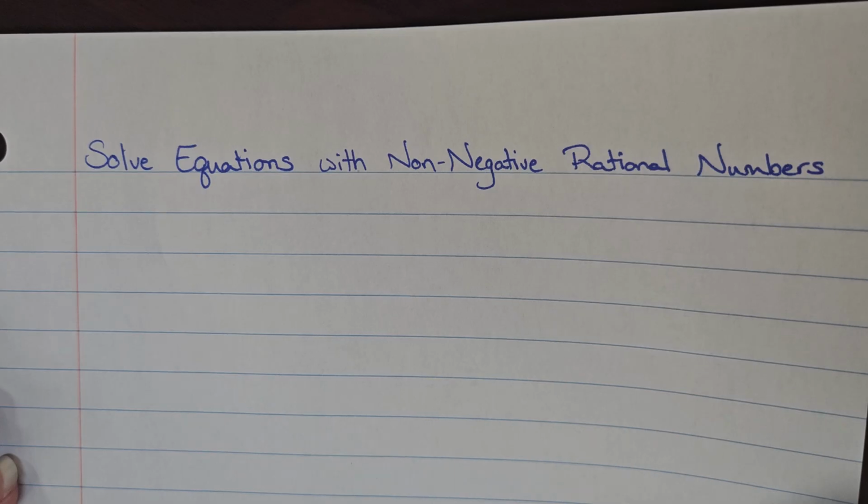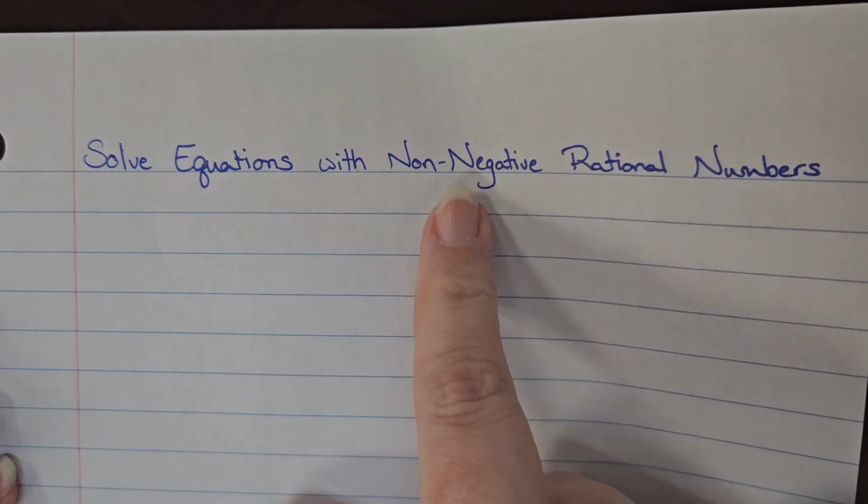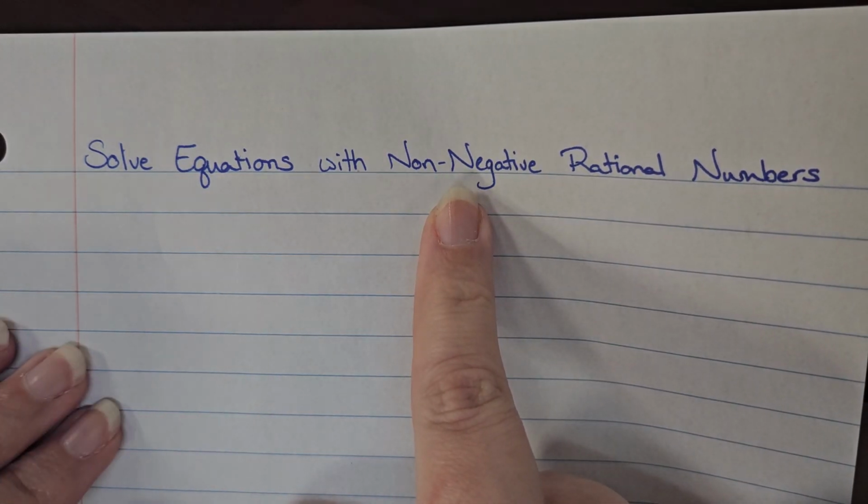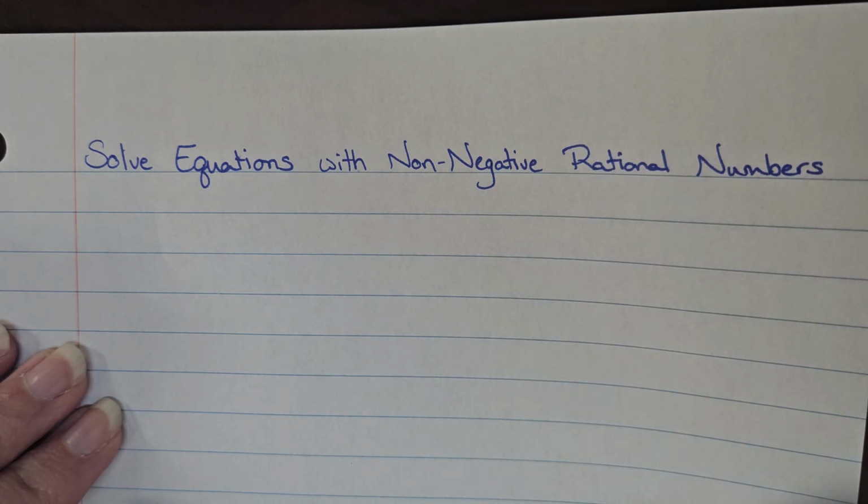And just as a reminder, a rational number is numbers like your counting numbers 1, 2, 3, and so forth, 0, and rational numbers can include negative whole numbers, but we're not going to have any negative numbers in this one.